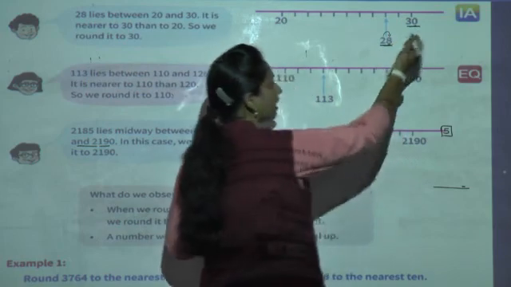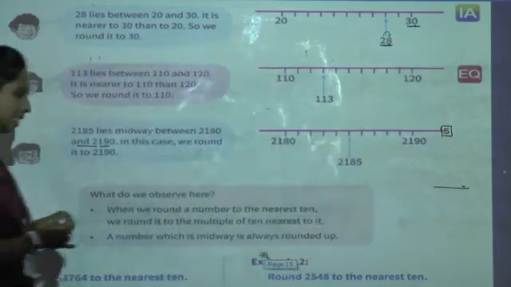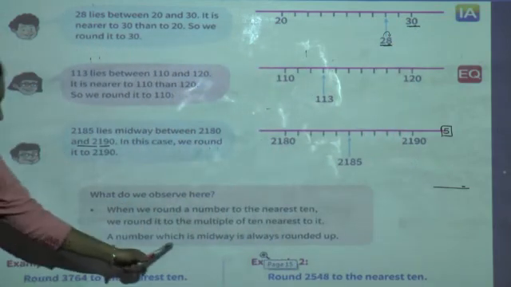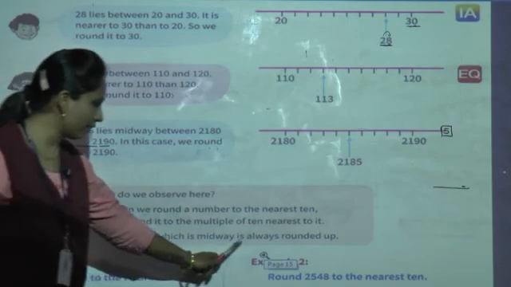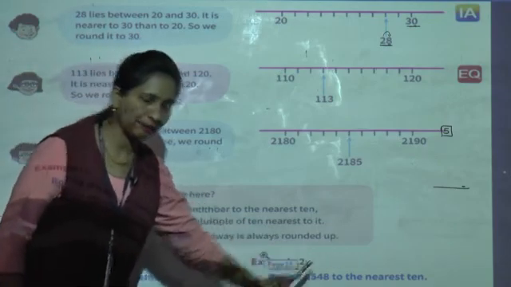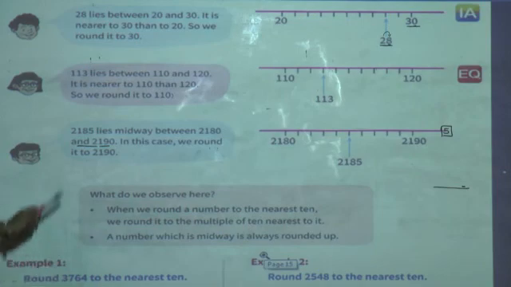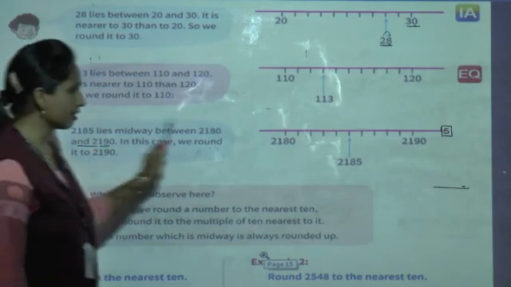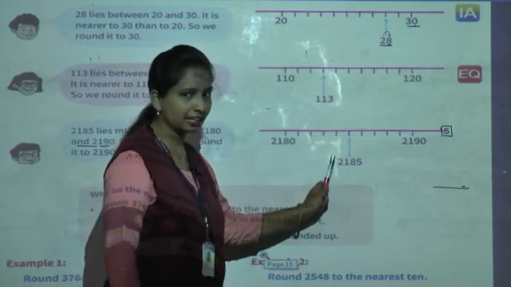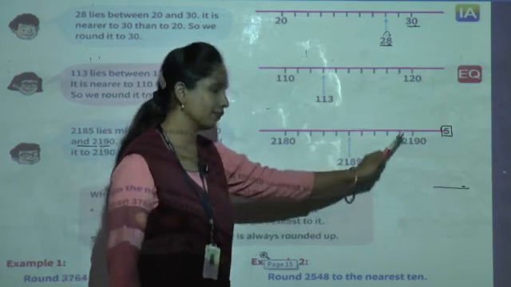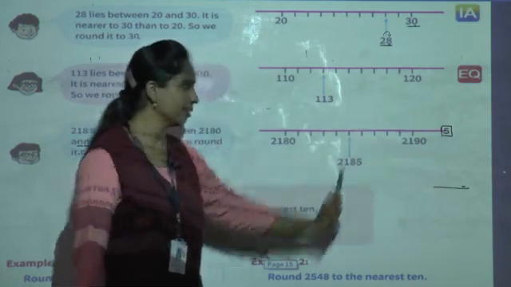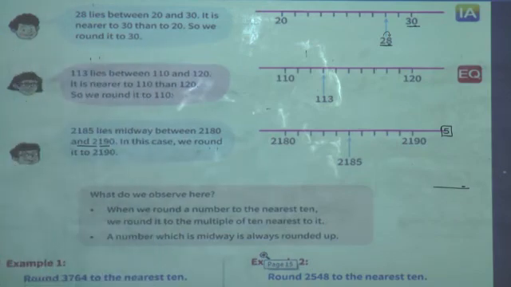So 28 rounded is 30. A number which is midway is always rounded up. We have seen a midway number in the thousands example. If it lies exactly midway, we have to go with the next number, that is 2190. I hope you understood.